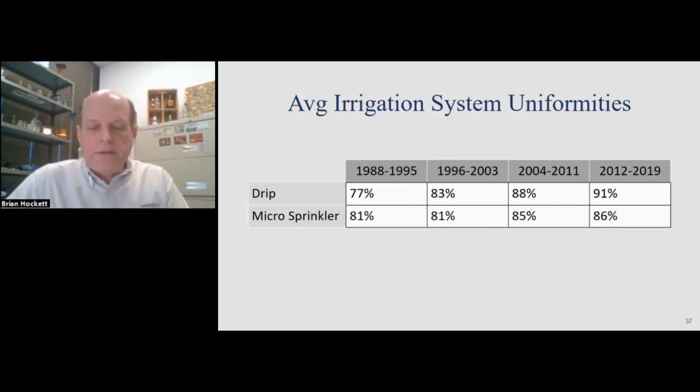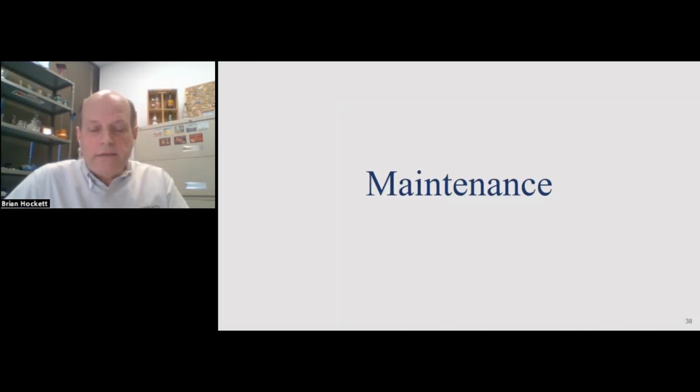But aside from PC emitters, which are uncommon in a microsprinkler setting, probably the most important factor in maintaining a good DU are the measures I talked about earlier, or the maintenance of the system that needs to take place.